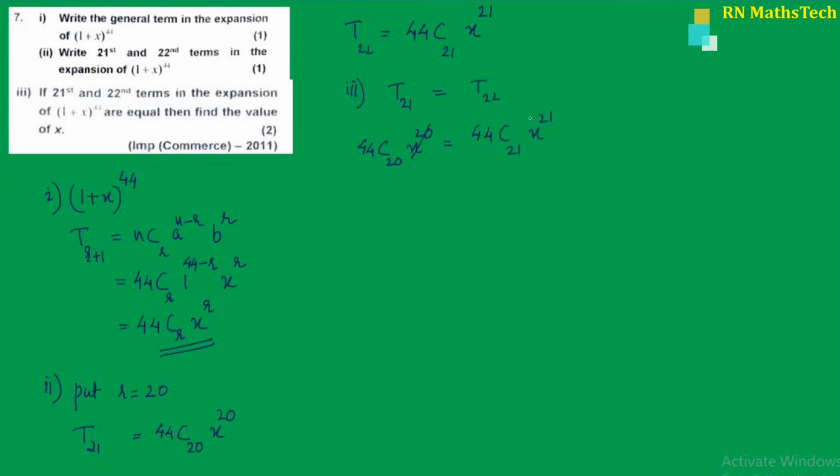Okay, x raised to 20 cancels with x raised to 21, leaving x on the right side. Now 44C20 is 44 factorial by 20 factorial into (44 minus 20) factorial, that is equal to 44 factorial by 21 factorial into (44 minus 21) factorial into x.